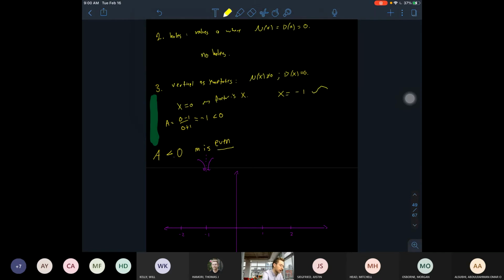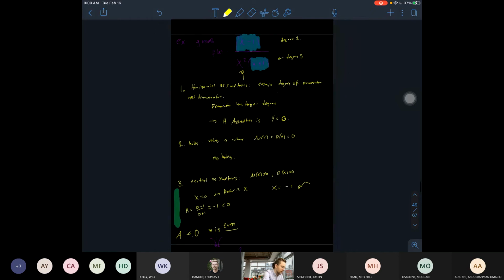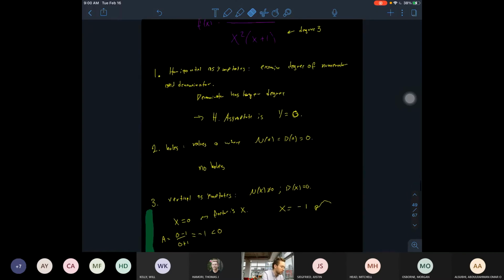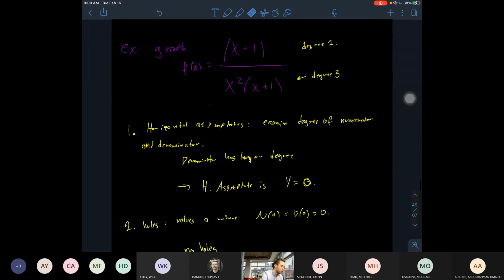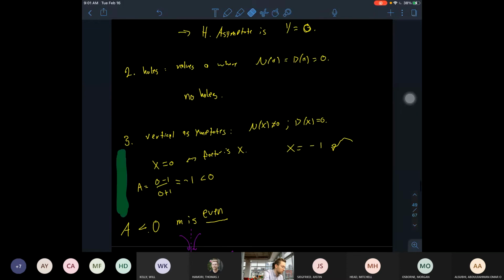Let's try x is equal to -1. What is the multiplicity of the 0 x equals -1 in the denominator? Yes, Sam, I can. Before I ask that question, let me answer Sam's question. How did I know that the multiplicity of this 0, x equals 0, was even? Well, I'm looking at the 0, x equals 0. I know that this corresponds to the factor x.